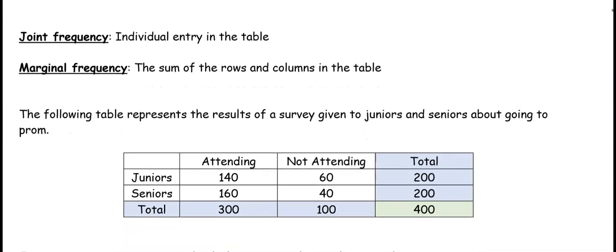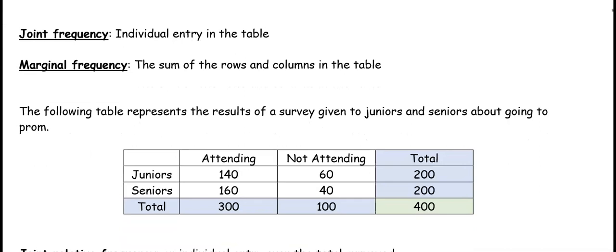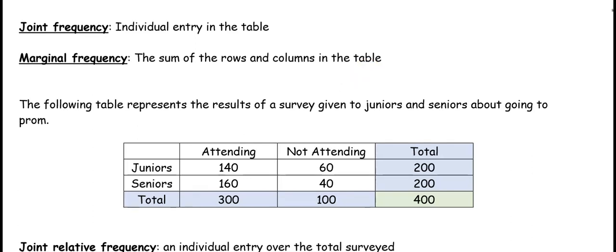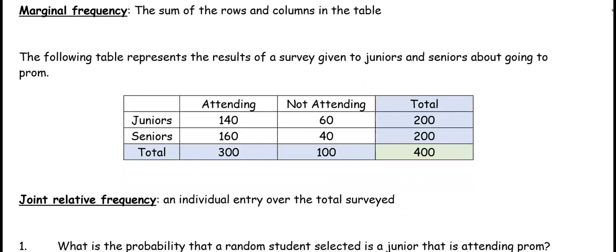Now we're going to look a little bit closer at the different parts of the two-way table. There is joint frequency, which is just the individual entry in the table. Marginal frequency is the sum of the rows and columns in the table. We looked at both of those on the front page without even talking about it. Those were our totals.